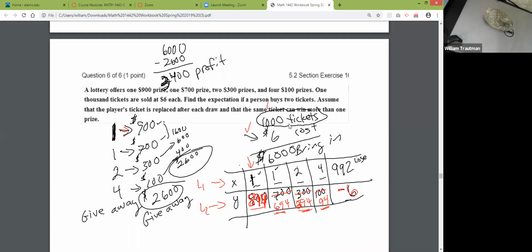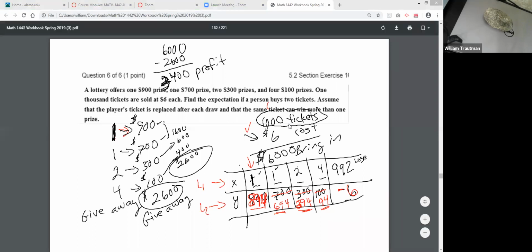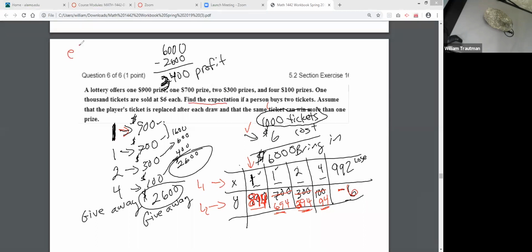The symbol for expected value just looks like this. You could use a big E, or expected value is the same thing as the mean, the average.